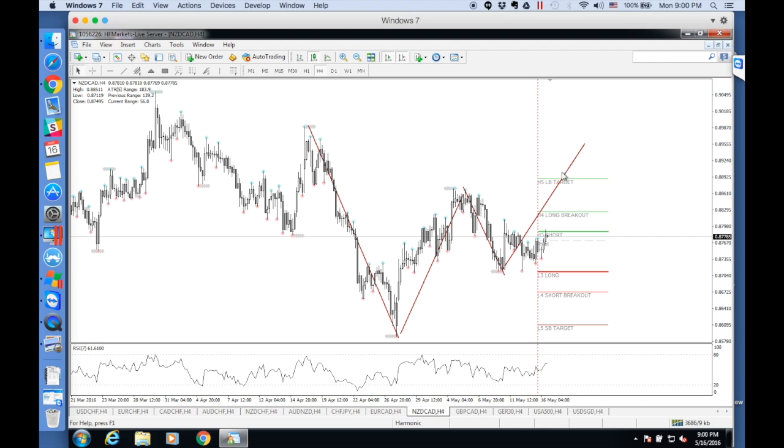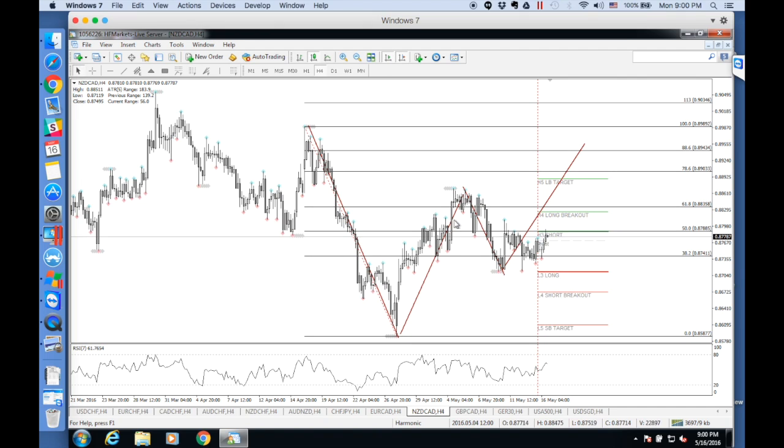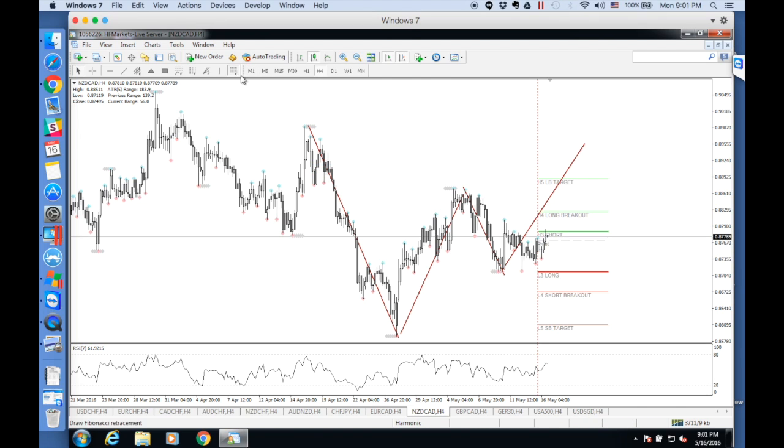Once you identify something like this, you always need to use Fibonacci to measure whether the ratios are met, whether the criteria are met. So the first thing to do is find the retracement. You can see this comes in at 618. So 618 is a potential Gartley pattern. But you need to also check whether your second condition is met, because it needs to be at least also a 61.8.